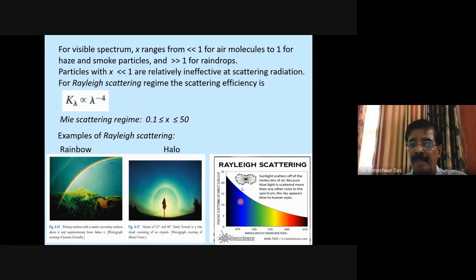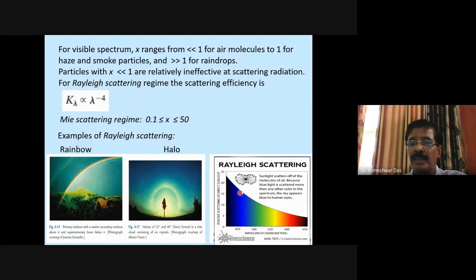Now, what does this diagram say? It illustrates the percentage of scattering of direct sunlight with respect to different wavelengths. The x-axis is the wavelength, and the y-axis is the percentage of scattering of direct sunlight.